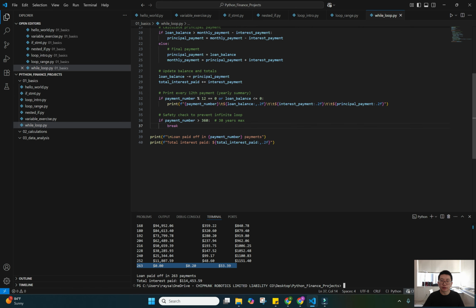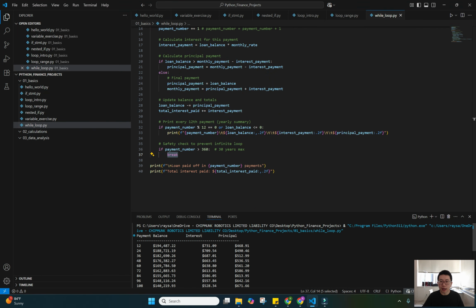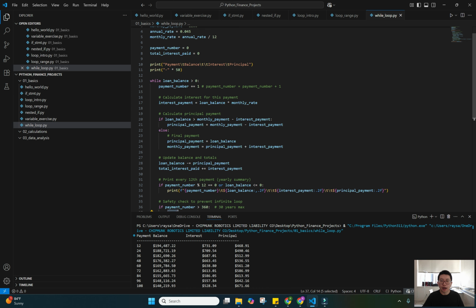You see this one is not triggered: if the payment number is greater than 360, we will break the loop. But the loan is paid off before 30 years, so this is why we're not seeing that. Basically we quickly wrote a program that can do the loan amortization for us.